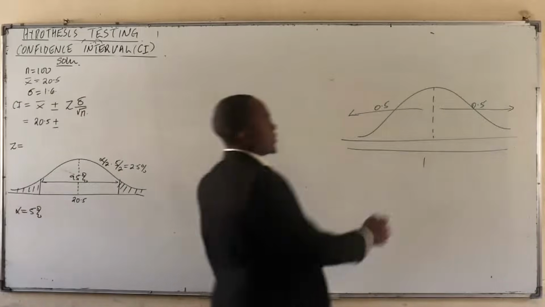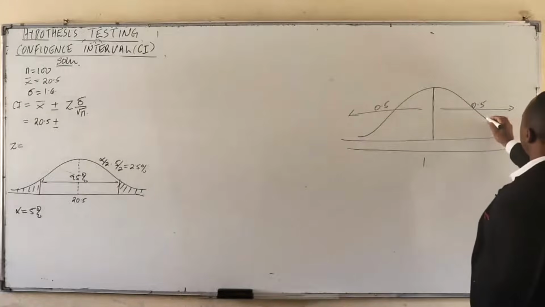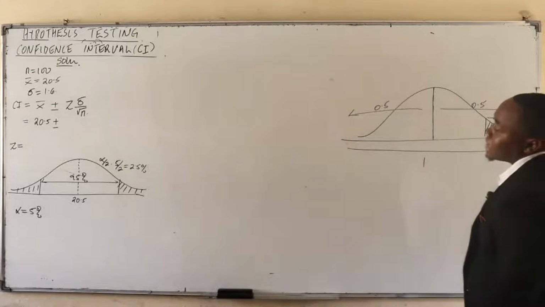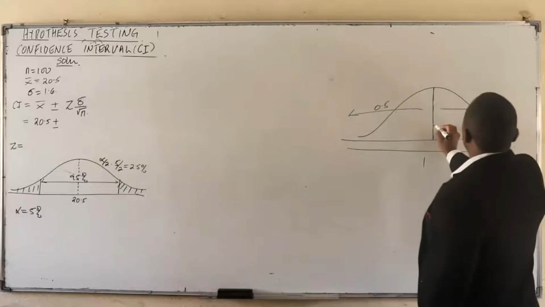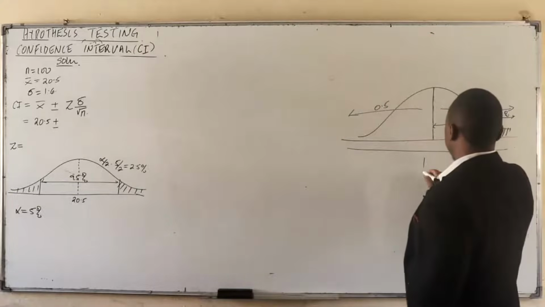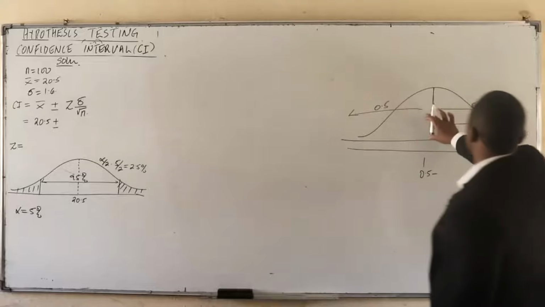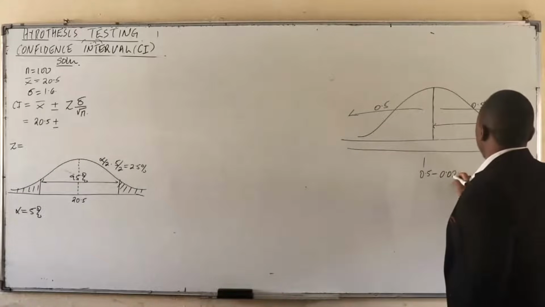So in short, you have to take this. We know all this is 0.5. So this is the shaded part around. We are saying it will be 2.5%. Now, can we get this probability? To get that probability, you take 0.5 and eliminate this 2.5%, which is 0.025.